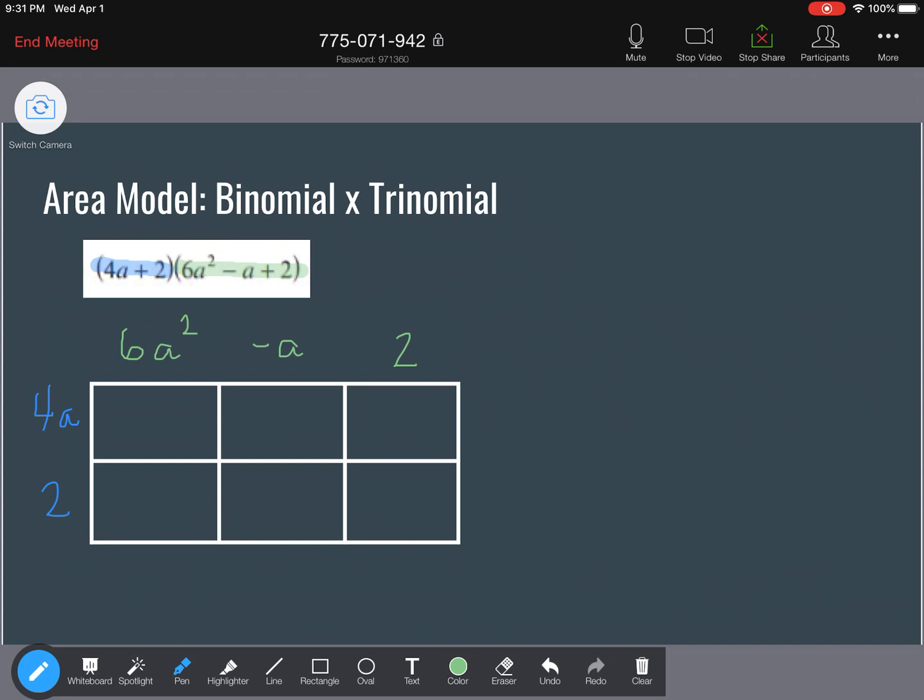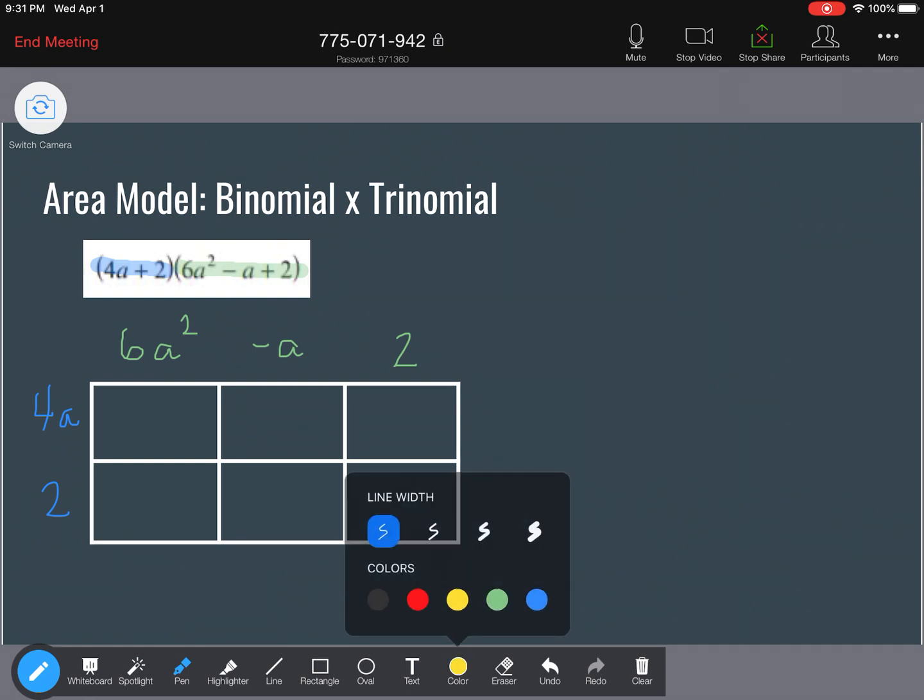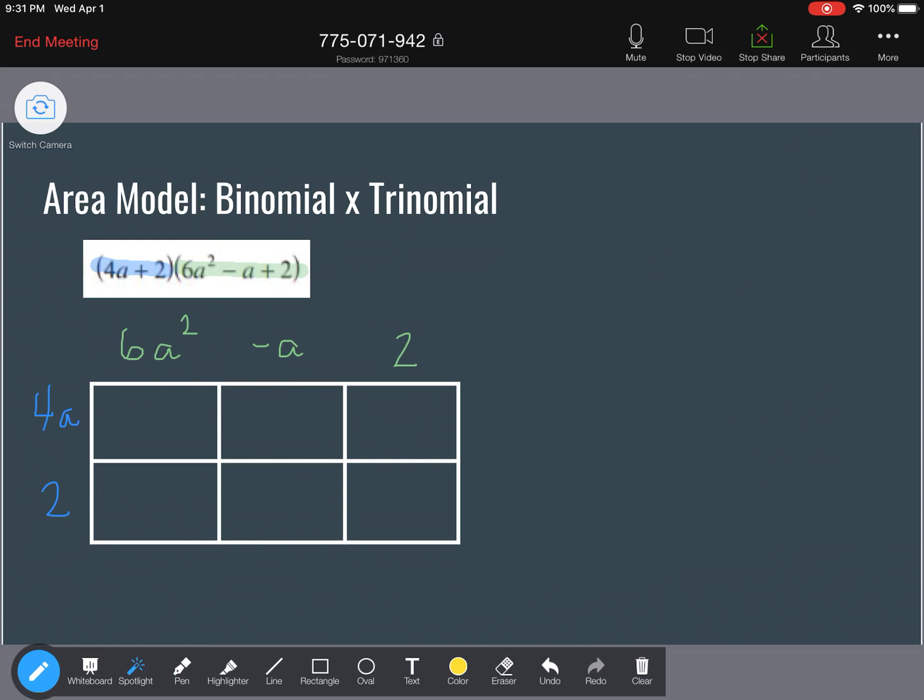That's important to note. When we have negatives, we need to make sure we include them so that we have the correct values in our area model. Okay, and then let's fill it in. So I have 4a, and I need to multiply it by 6a squared. Well, we're just going to use what we've done before. We multiply the 4 and the 6, and that gives us 24.